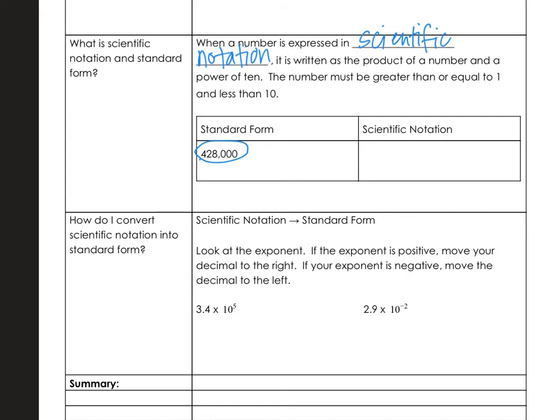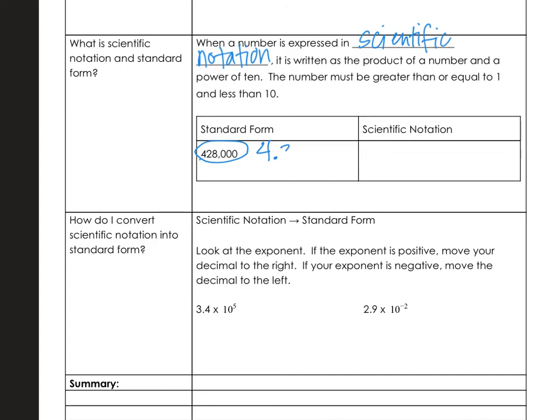428,000. And in order to get it into scientific notation, we need to put a decimal point somewhere in here. And the number in front of the decimal has to be equal or greater than 1 and less than 10. Okay, so what I'm going to do is I'm going to put the decimal point after the 4 because that is equal or greater than 1 and less than 10.